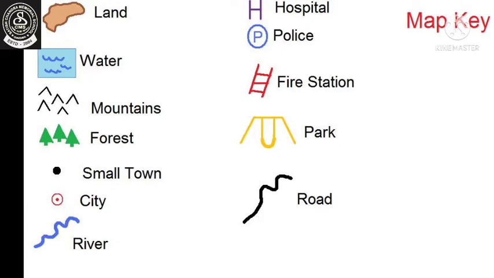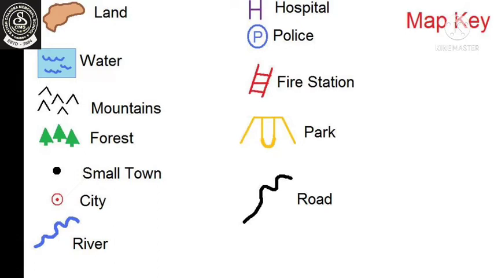So here you can see a land is shown with this kind of sign, a symbol. Then water, mountains, forest, small town, a city, a river, a hospital, police station, fire station, a park, road.